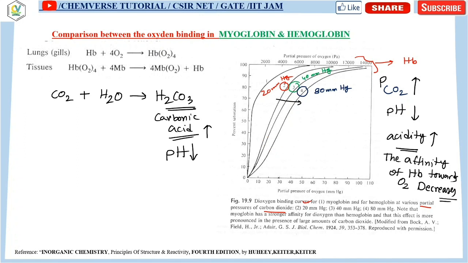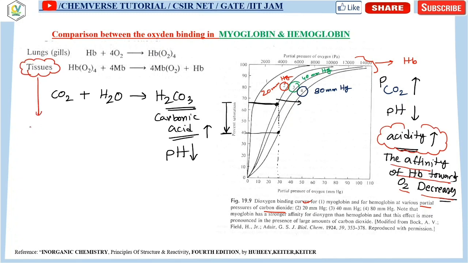For any partial pressure of oxygen, you can see the corresponding saturation of oxygen when the pH level is lower, and at the same point, the saturation of oxygen when the pH level is higher.